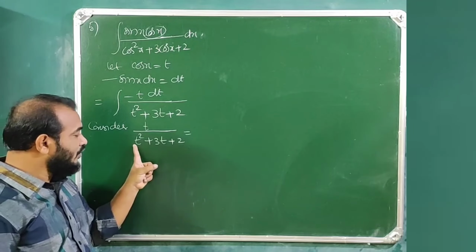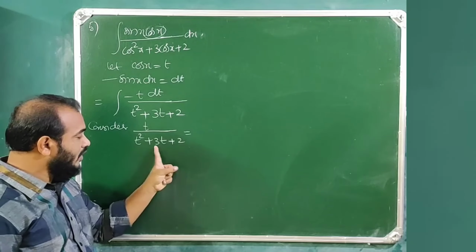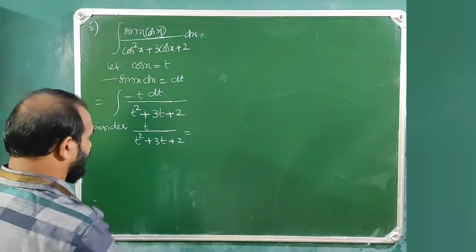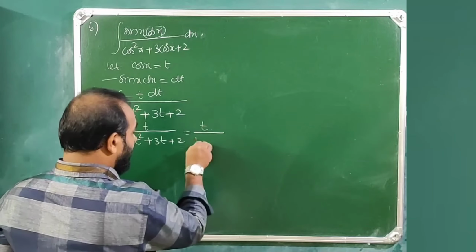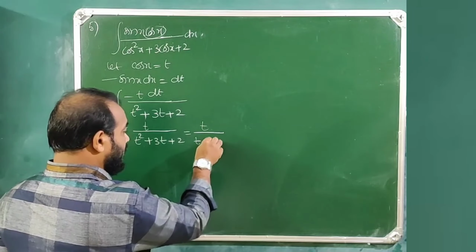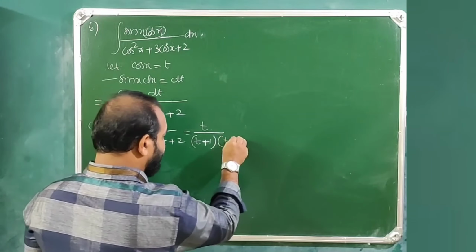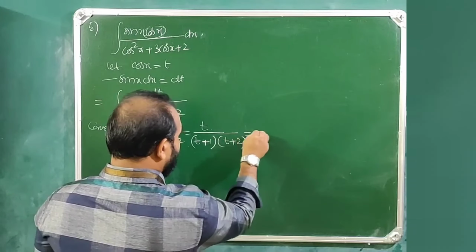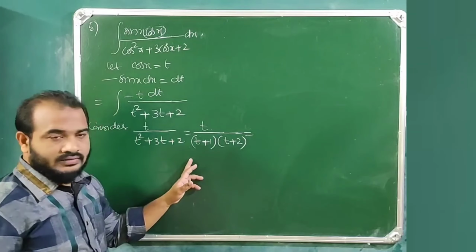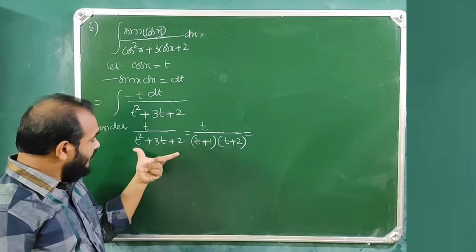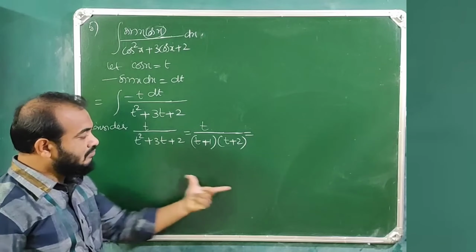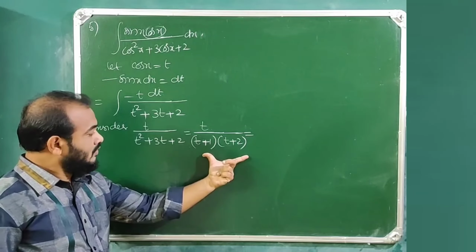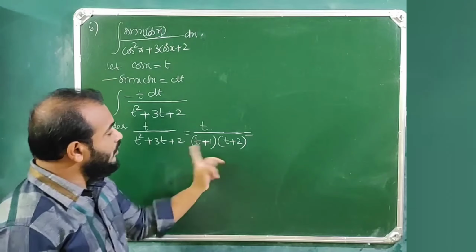So from t if you take common t plus 1, from 2t plus 2 if you take common t plus 1. So t plus 1 into t plus 2. So this is t by t plus 1 into t plus 2. So the denominator, now this quadratic factor has become the product of two linear factors.